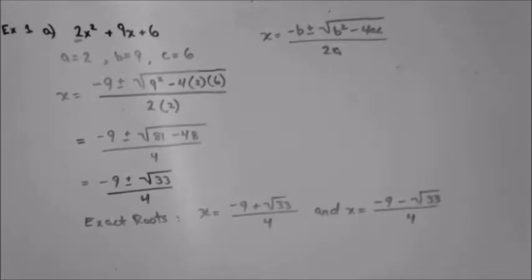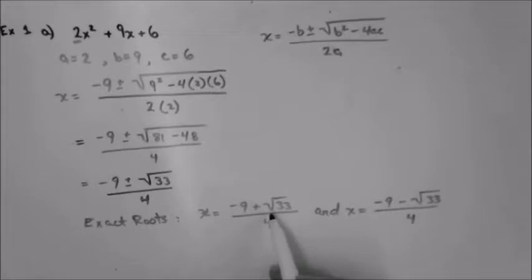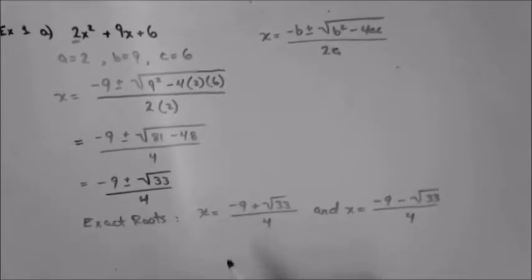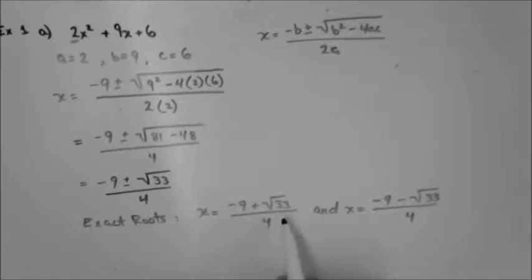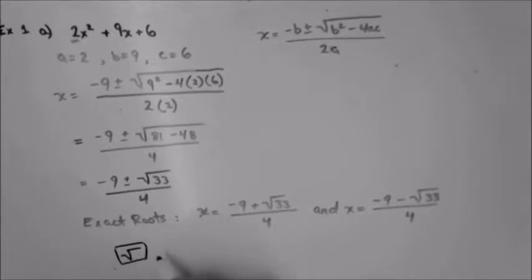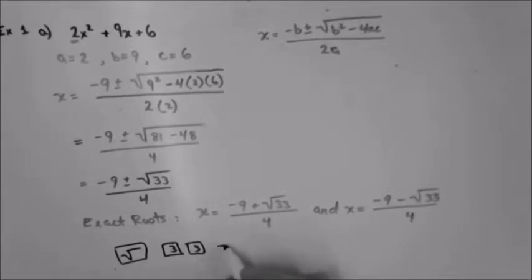My strategy usually is I'm going to plug in the square root of 33 first, then subtract 9, hit enter, and then hit divide by 4. So what I would do in the calculator is I would hit the square root sign, then I would hit 33, enter, then I would subtract 9.